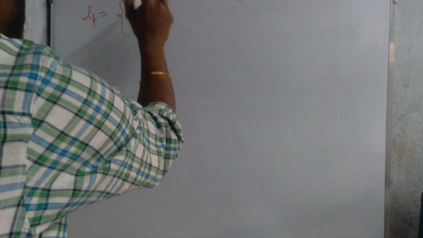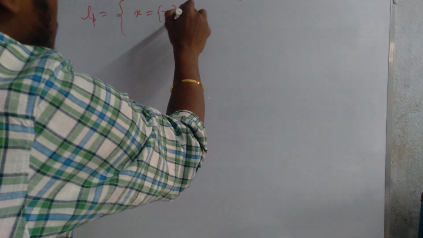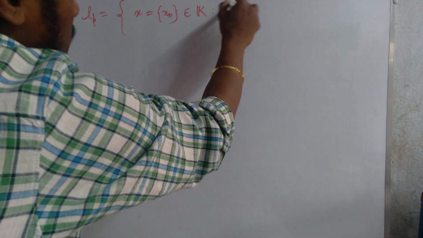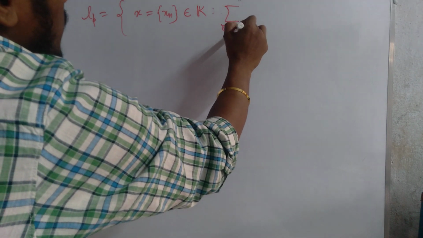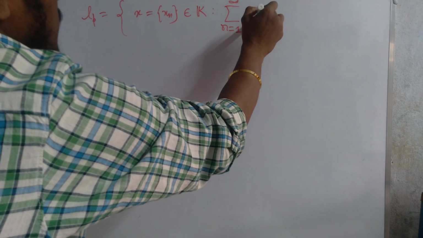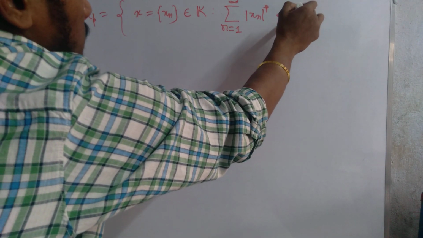So we write this statement first. The set l^p is defined as the set of x = (xn), xn belongs to K, such that the summation from n = 1 to infinity of |xn|^p is less than plus infinity.